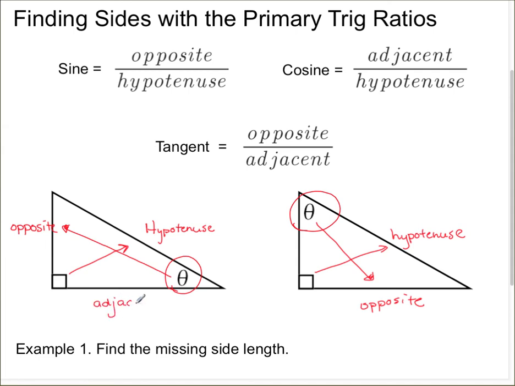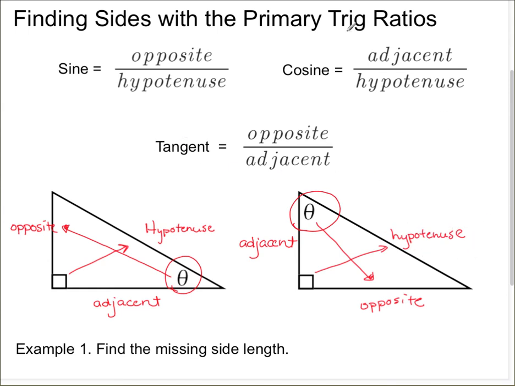Now, adjacent actually means next to. So this side is actually next to the angle that we're talking about. And so up here, this is adjacent because this side here is next to the angle we're talking about. Now the hypotenuse is also next to the angle we're talking about, but since it's the special side, it gets a special name, and we always call it the hypotenuse.